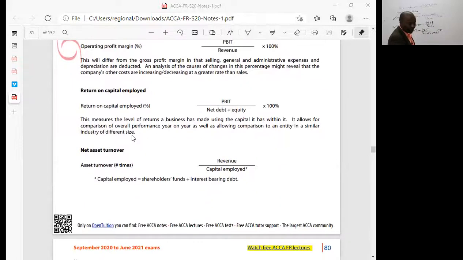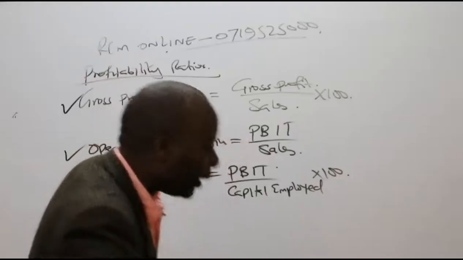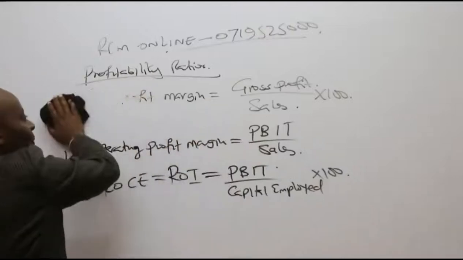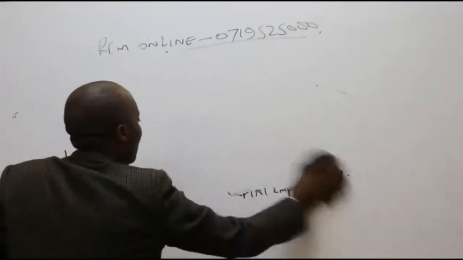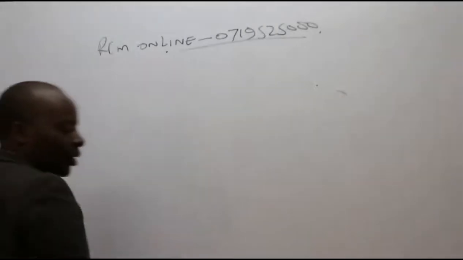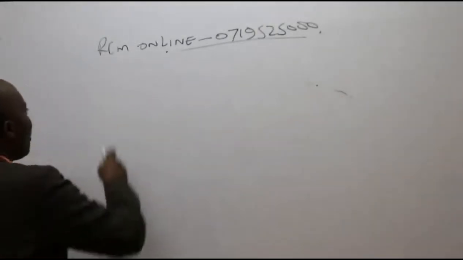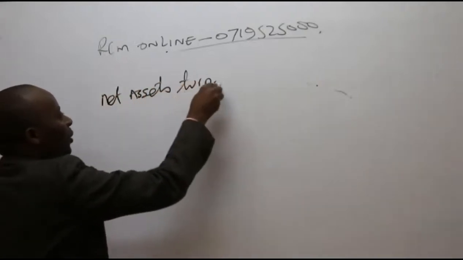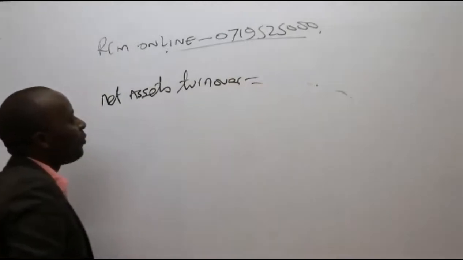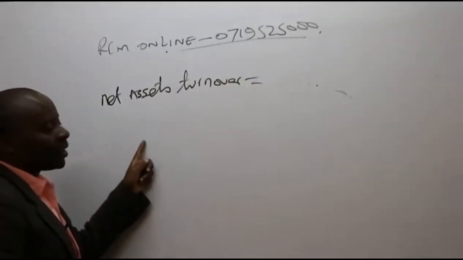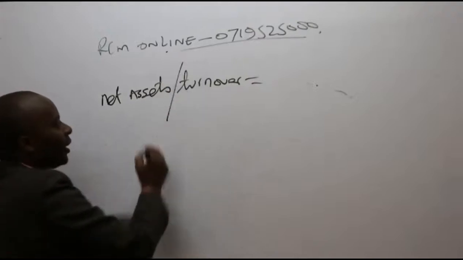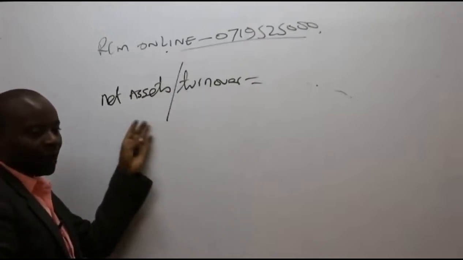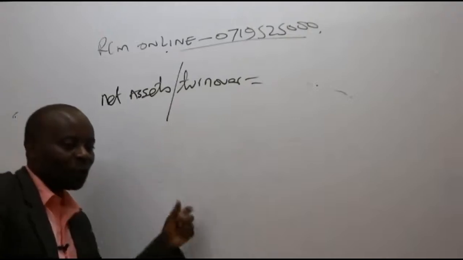Then we have net assets turnover, which is also a profitability ratio. As the name suggests, somebody will tell you the formula looks like net assets over turnover, but no, we are supposed to turn it over.